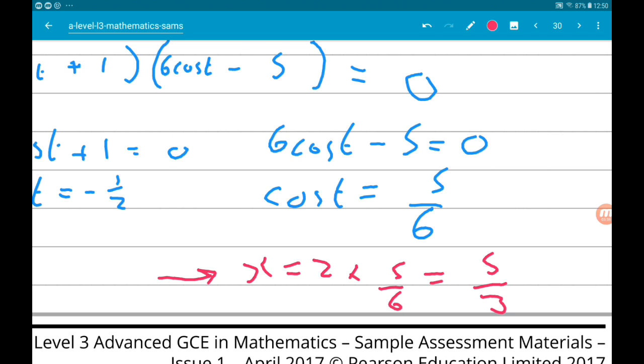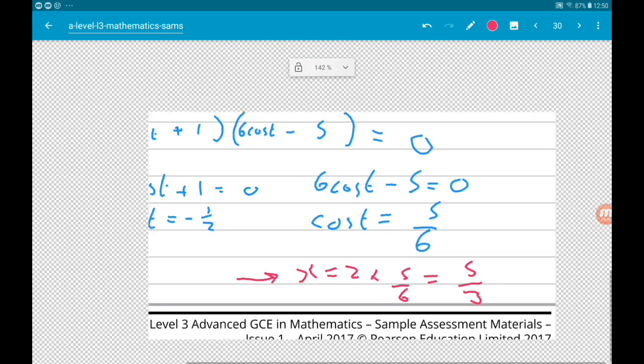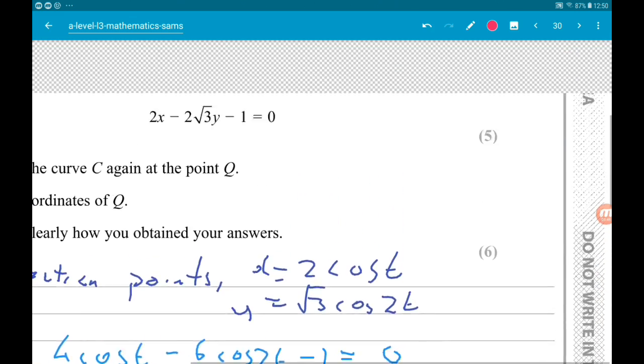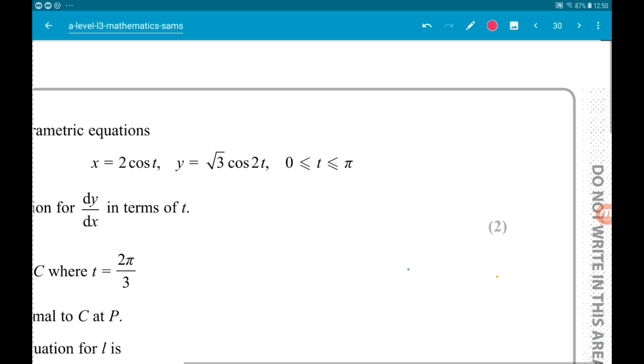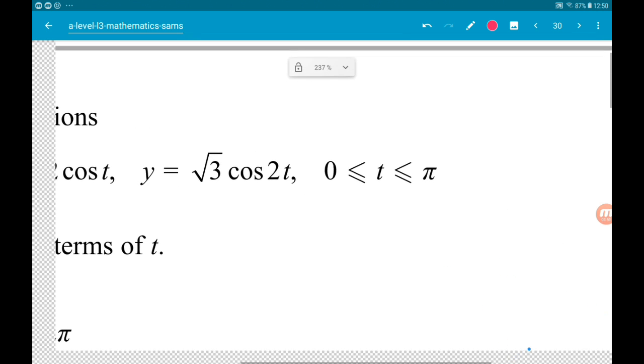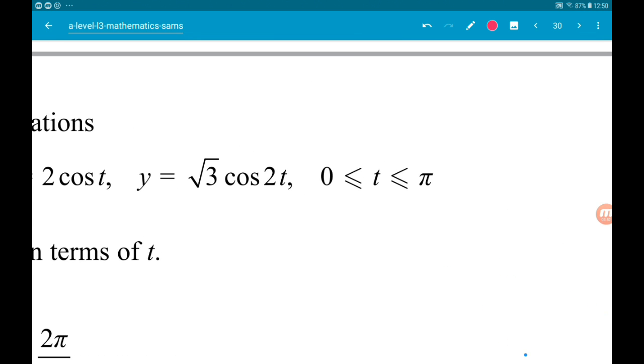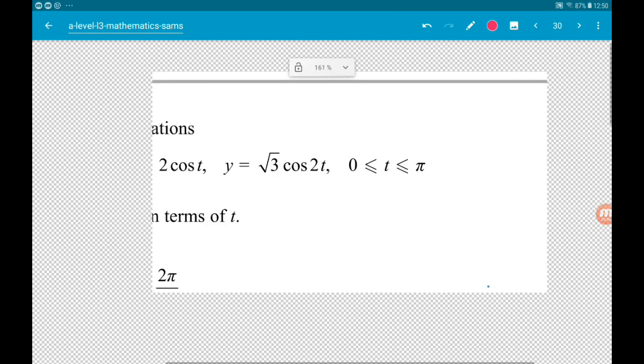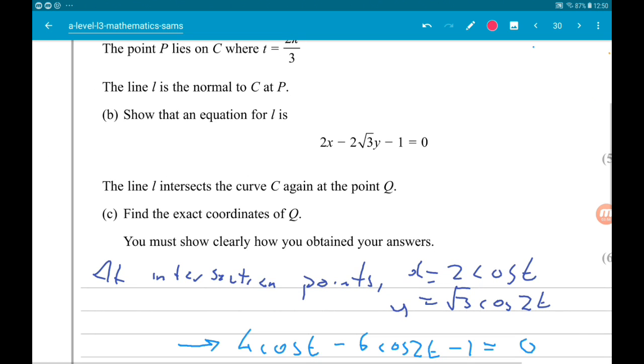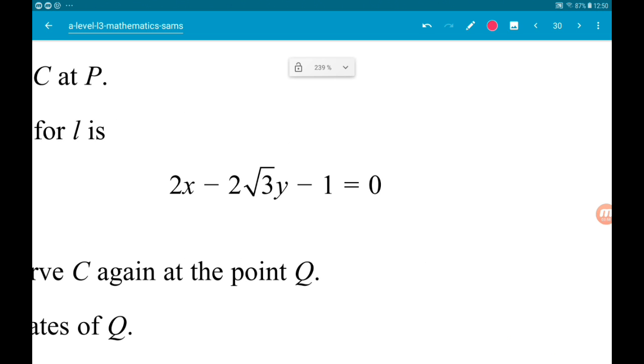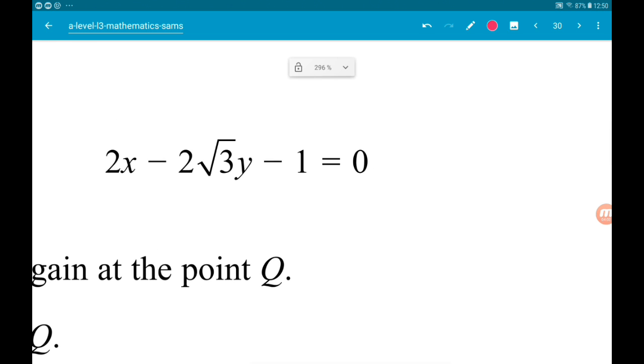So that is the x coordinate at Q. Now y, well, the parametric equation for y is in terms of cos 2t. Now we could use that, but we could also use the equation for L, which is what I'm going to do.